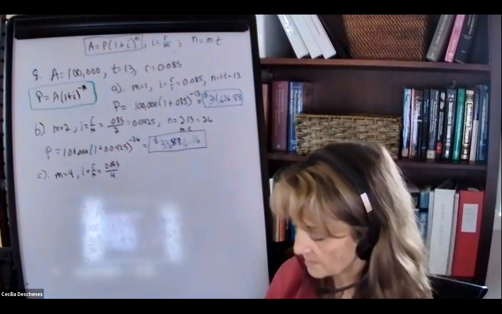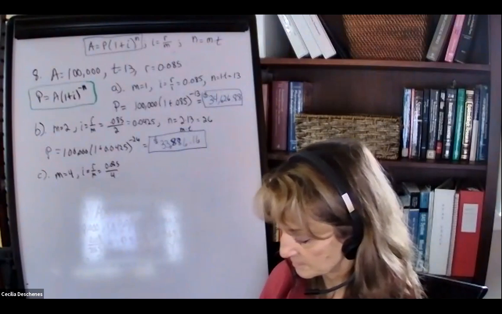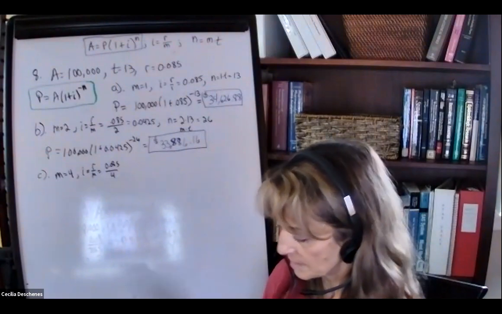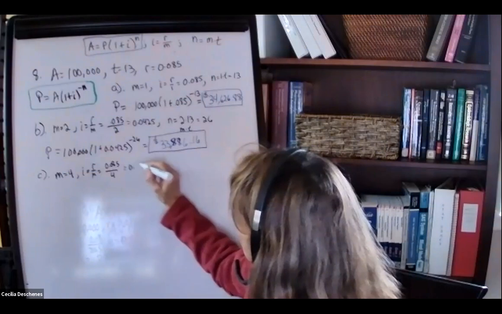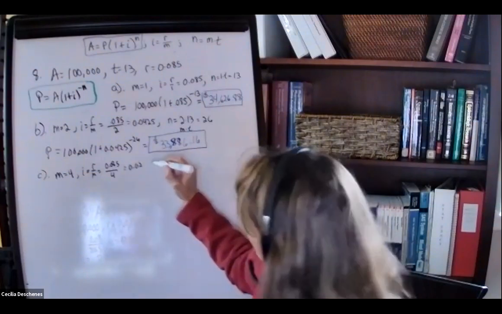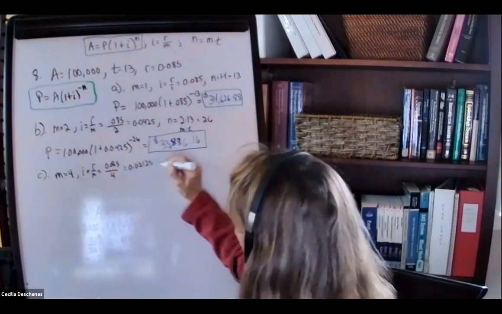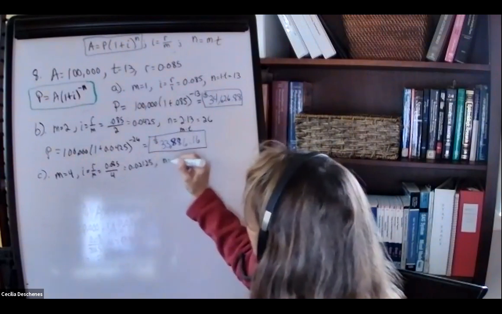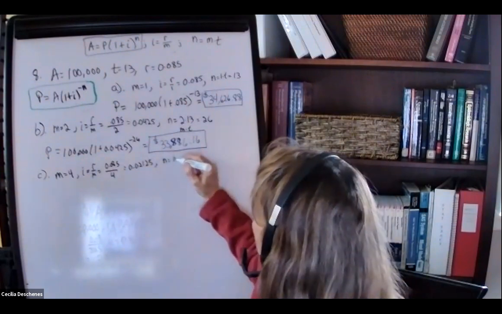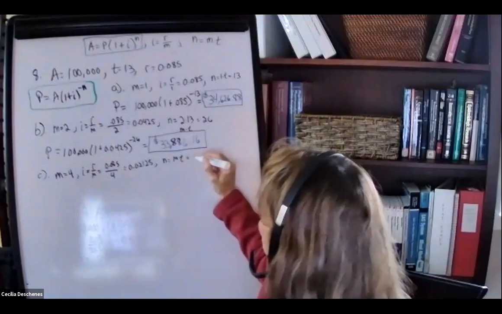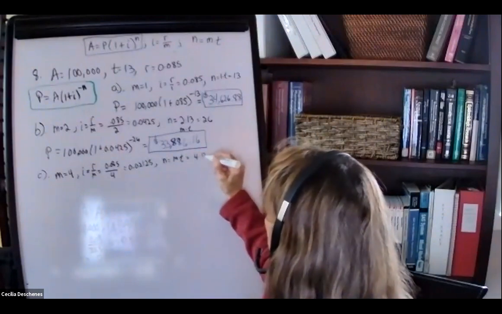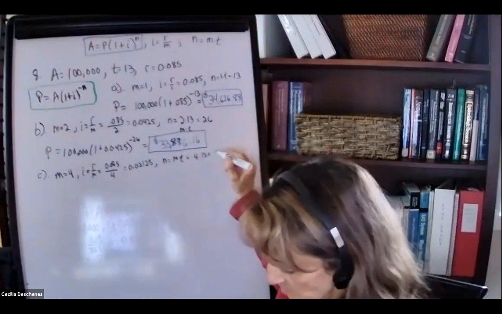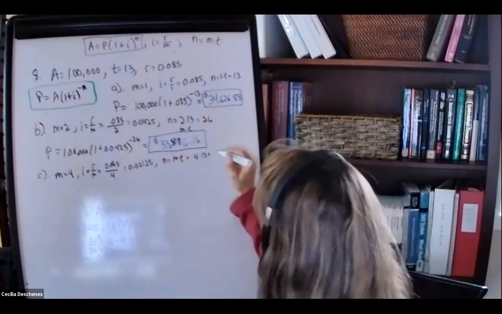So let's see what that is. And I get that comes out to 0.02125. And then the n is going to be the m times t, remember? So it's 4 times 13, okay, which is going to be 52, right?